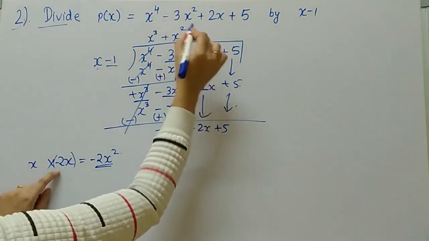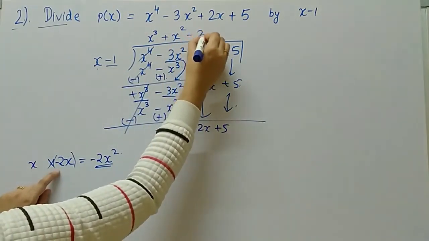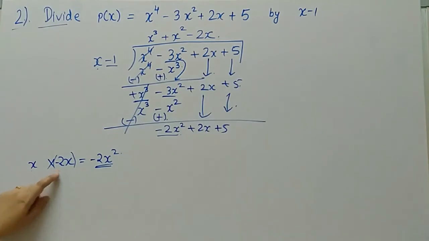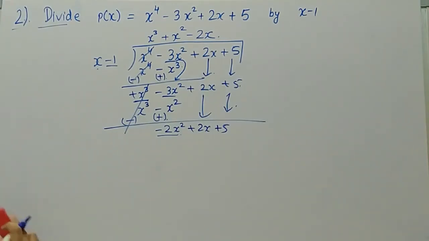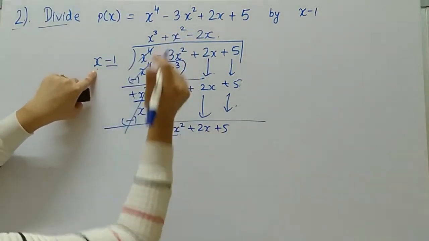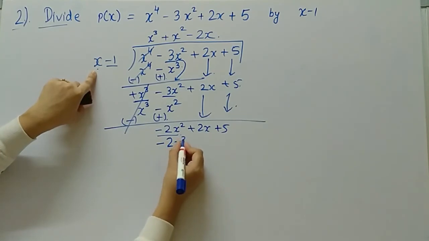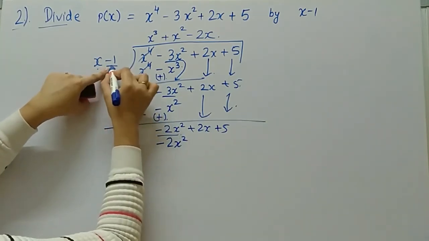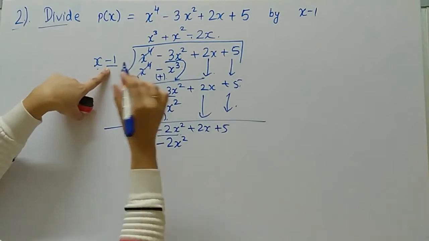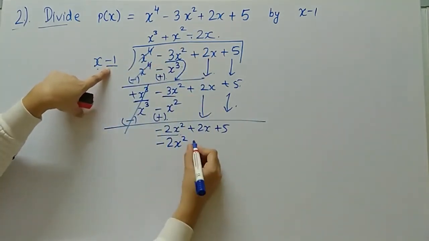So now here we will write minus 2x. And when minus 1 is multiplied by minus 2x, minus minus will become plus.